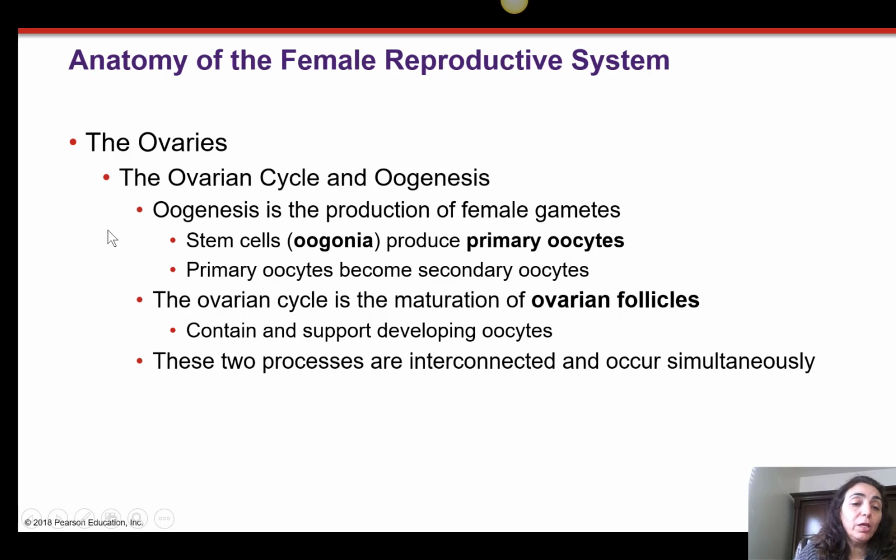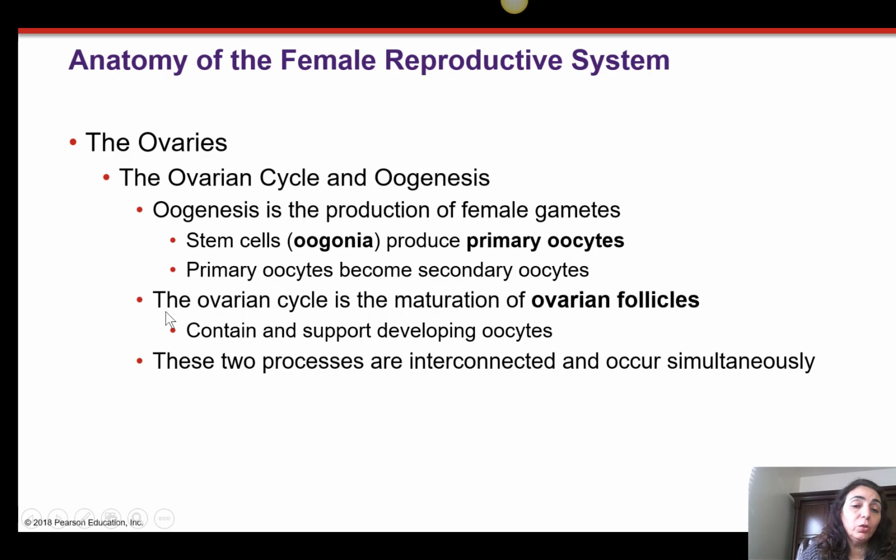So again here, it starts with the stem cells, that here we call oogonia, two or more of them. These oogonia are stem cells, and they start dividing and producing primary oocytes. Then primary oocytes become secondary oocytes.